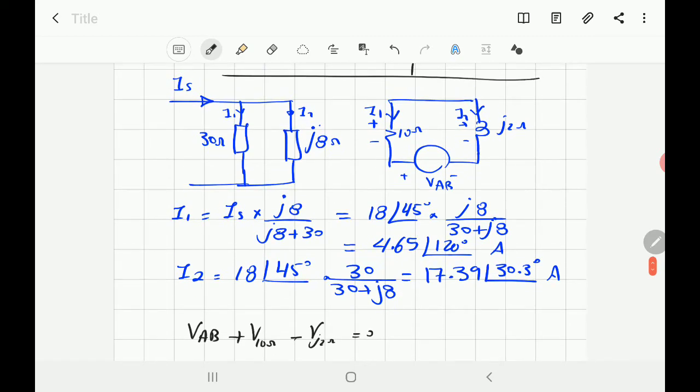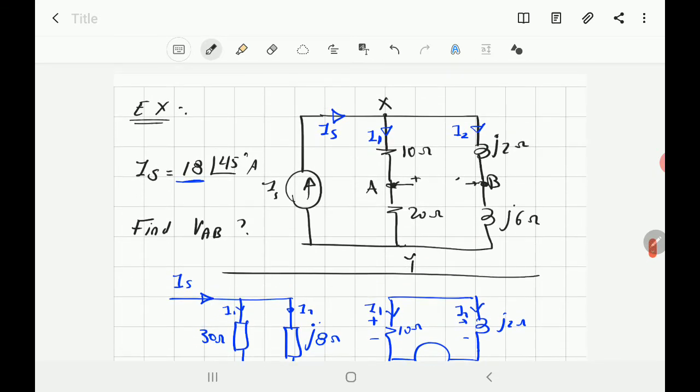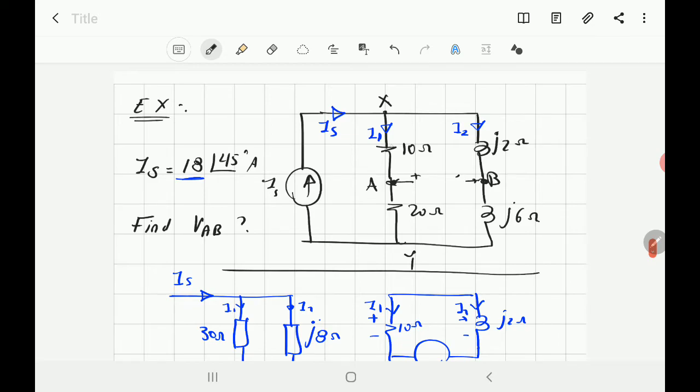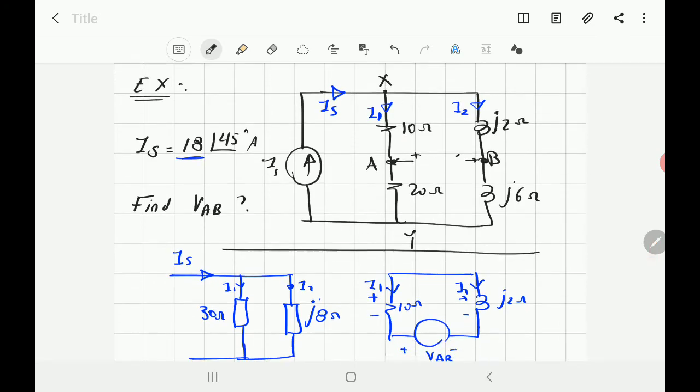You can give it names, by the way, because I call this one X and this Y. So this is called X, and the voltage across 10 ohm is XA.